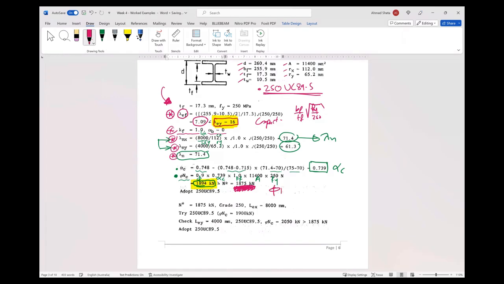So finally you find phi NC equal to 1894 kilonewton, which is more than N star, 1875 kilonewton. This will give us that we can use 250 UC 89.5.